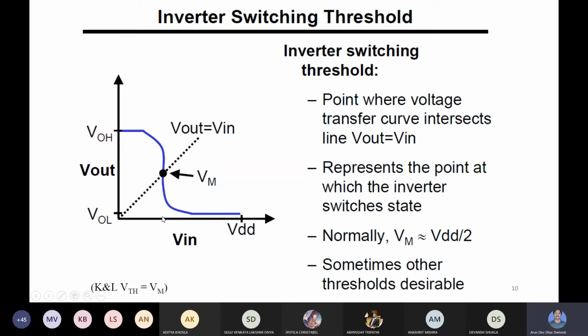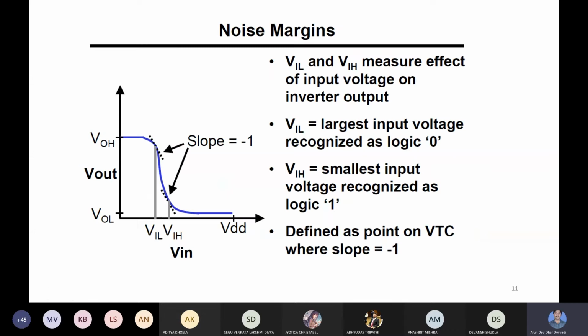Whatever value of input voltage you get is basically the switching threshold of this inverter circuit. So when the Vout equal to Vin line is cutting, it decides the point at which we can find the switching threshold. So this is also one important point.